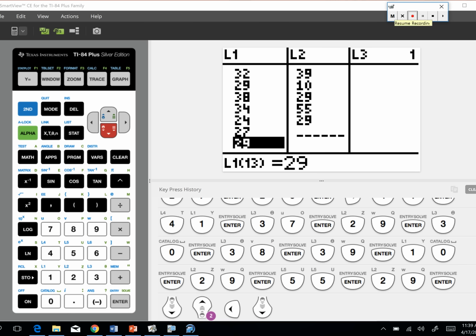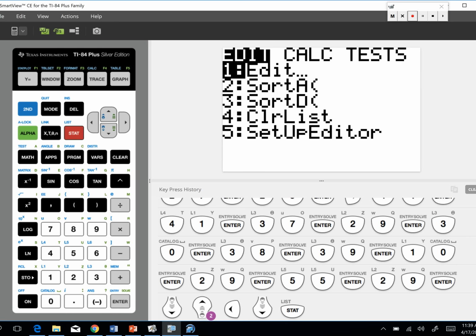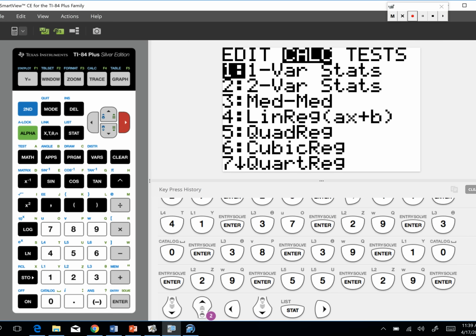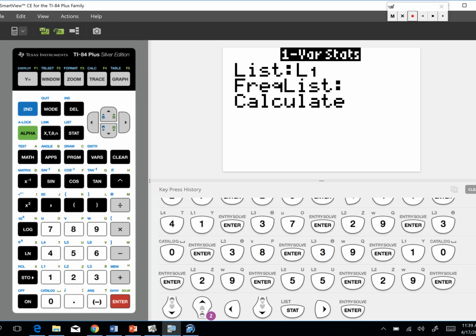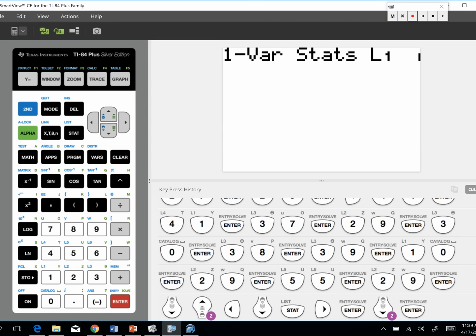So once you have your information listed into L1 and L2, we put chocolate into L1, non-chocolate into L2. We go to Stat, Calc, and we want our 1 variable stats. I'm going to do list 1 first. Make sure your frequency list is cleared out. We don't need a frequency list. We're going to calculate.